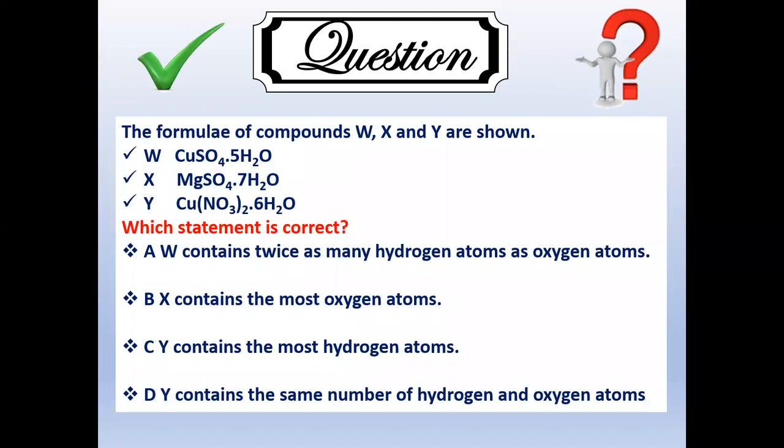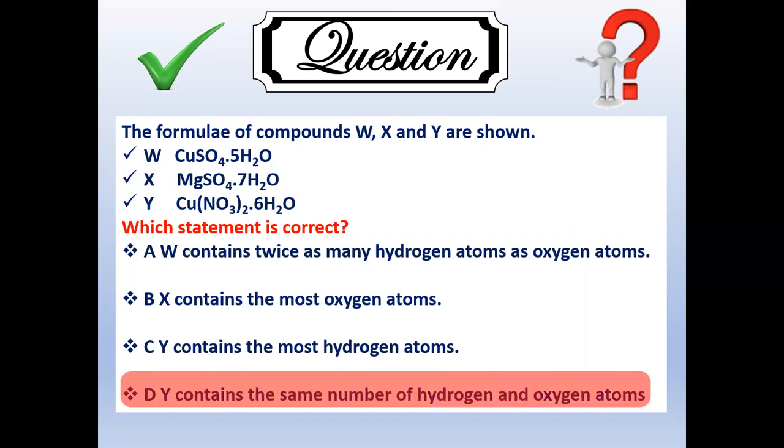Here, there's a kind of unique question in which we need to know about the number of different atoms. For example, the formulas of the compounds W, X, and Y are shown. Now, which statement is correct? Statement D is saying that Y contains the same number of hydrogen and oxygen atoms.